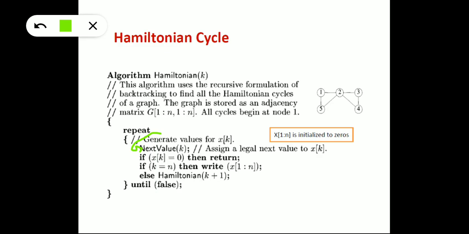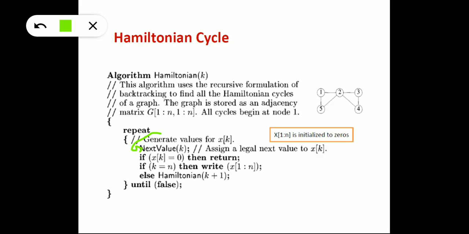This next value of k is called in order to assign a legal next value to x of k, that is to find out the next available vertex that can be included into the Hamiltonian cycle.